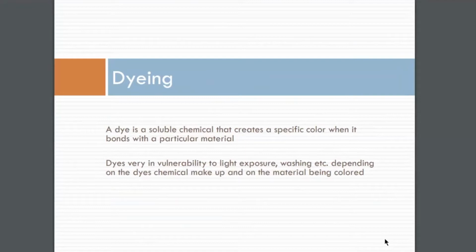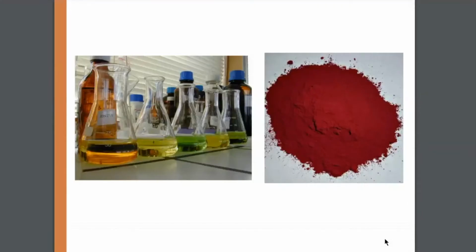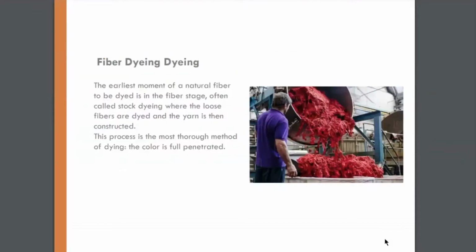We talked a little bit about this when we talked about fibers and how some fibers like cotton or silk that are dyed are more vulnerable to the elements. So here you're looking at dyes in their liquid state on the left and in their powder form on the right. So there are many ways to add dye that will end up being part of a finished textile.